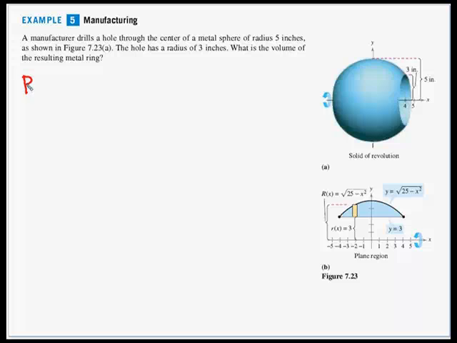So R of x, capital R of x, is our radical 25 minus x squared. And this setup is nice because this is the upper function, or the upper radius, the entire way across. We're integrating from -4 to +4 the entire time. That is our outer radius, our capital R of x.